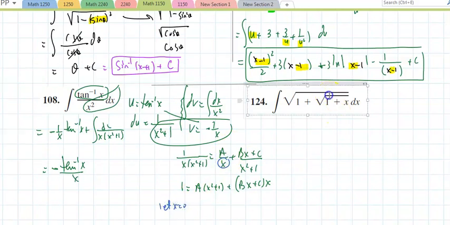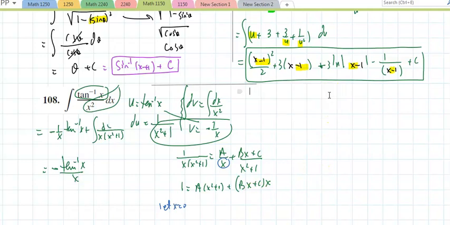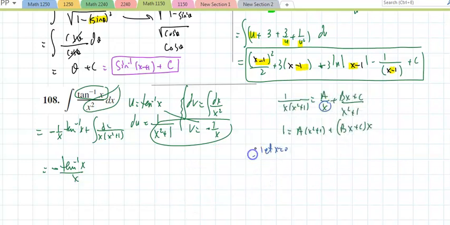I'll tell you what, I want to do all of this work up there. Let x equal 0. So I'll get 1 equaling A plus 0. So A is 1. That's going to save me some work. Now here, you have two options. Either you clear the fractions and use the book's technique. By having this equal 1, you'll get to the answer in no time. Or you could let x equal maybe 1 and negative 1, two values.